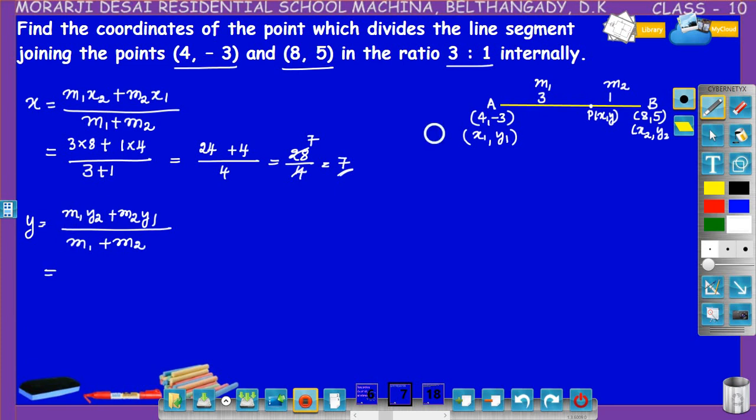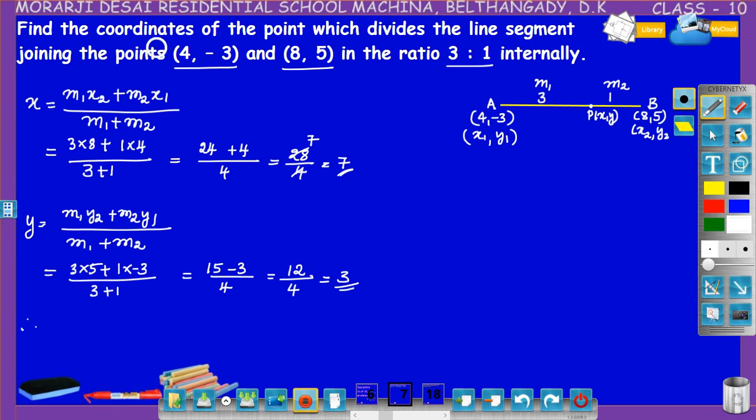Now see here, m1 y2, 3 into 5, plus m2 y1, that is 1 into -3, divided by m1 plus m2, that is 3 plus 1. Now 3 5s are 15, plus 1 into minus 3 is minus 3, by 4. 15 minus 3 is 12 by 4, that is equal to 3.